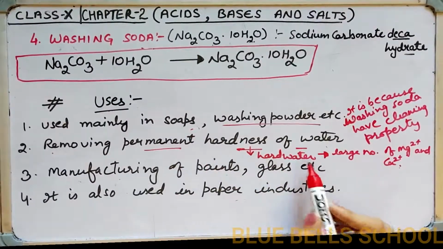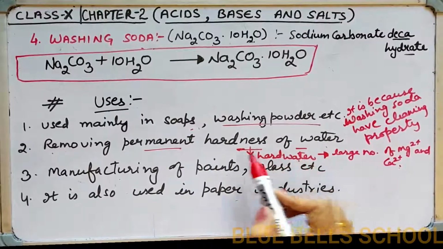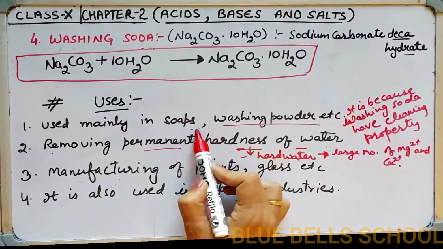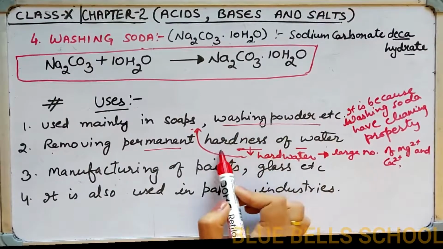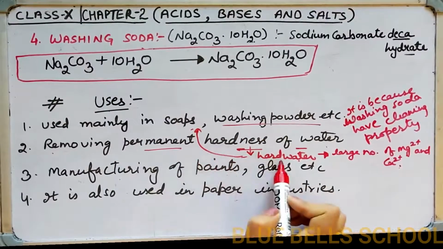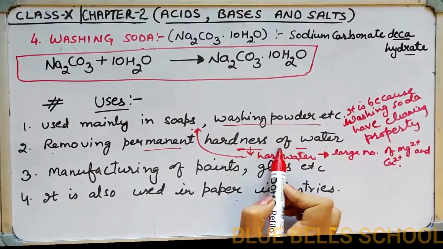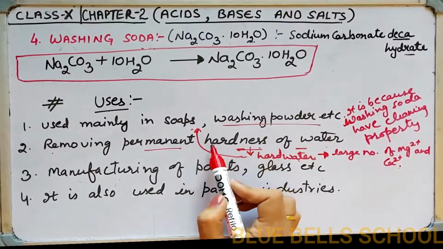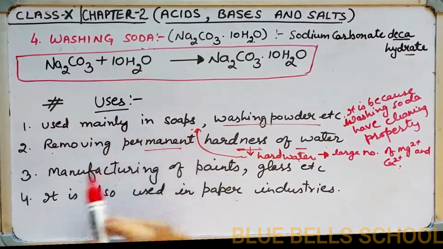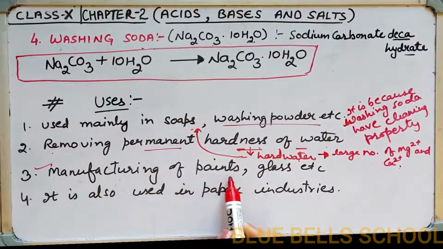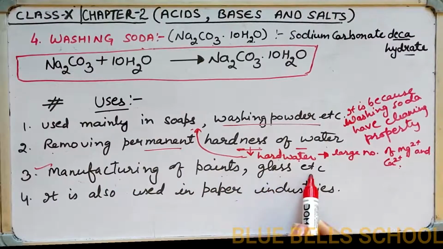It means hard water does not form froth with soap, and washing soda is used to remove that hardness of water. It means detergent can easily form froth with hard water.